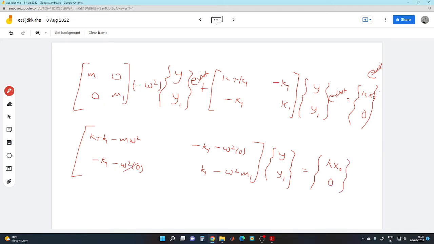So this term will be 0, and these two terms are remaining, right?